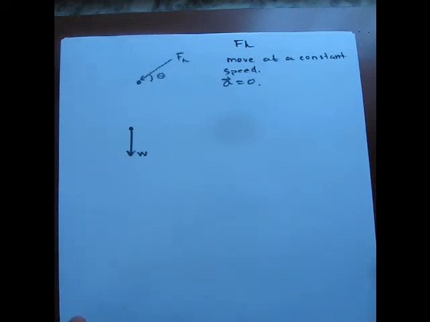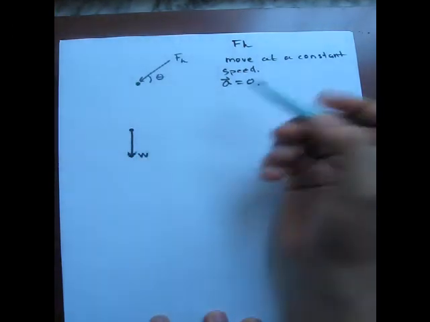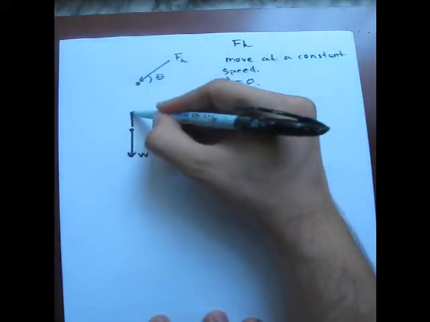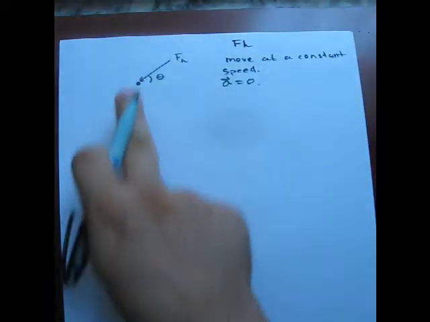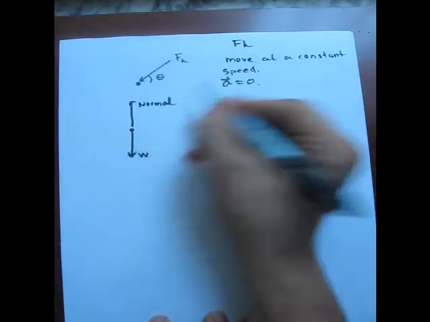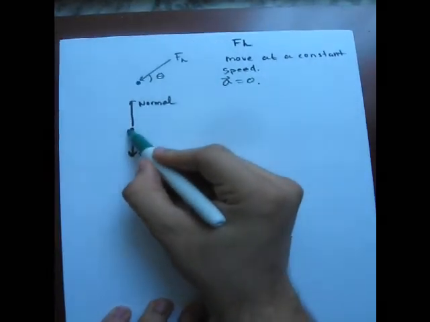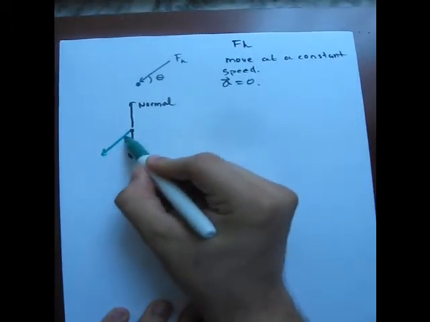In this problem they want to leave weight, so let's leave weight alone and not put mg. Obviously there's a normal force, and there's the force, which I'm going to draw as a green vector in that direction with angle theta.